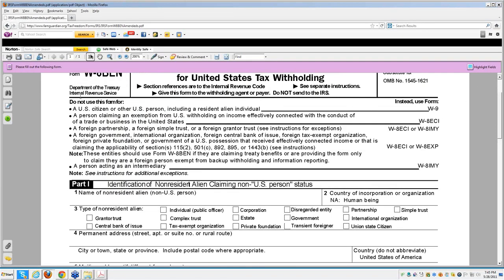What does this say? It says, do not use this form for a U.S. citizen or other U.S. person, including a resident alien individual. Instead, use a W-9. What does it say over here? Okay, but we don't have to do that.